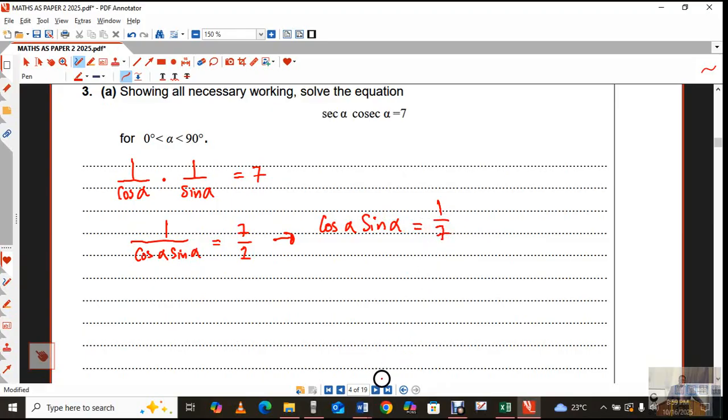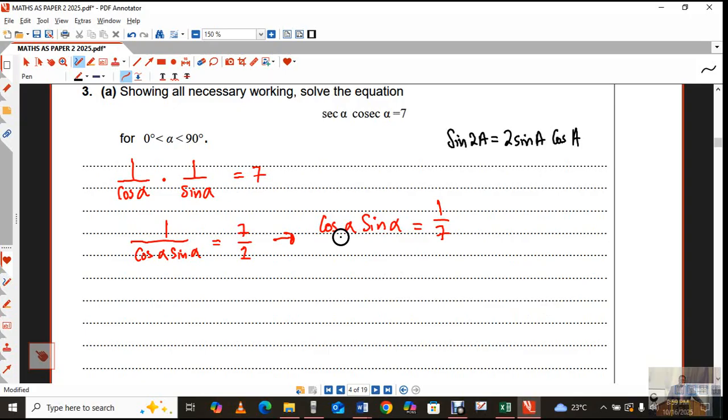Okay. Now, before I continue, and this is in your formula sheet, I hope that you know that from your formula sheet, the double angle of sine 2a is actually the same as 2 sine a cos a, and you will find this within your formula sheet.